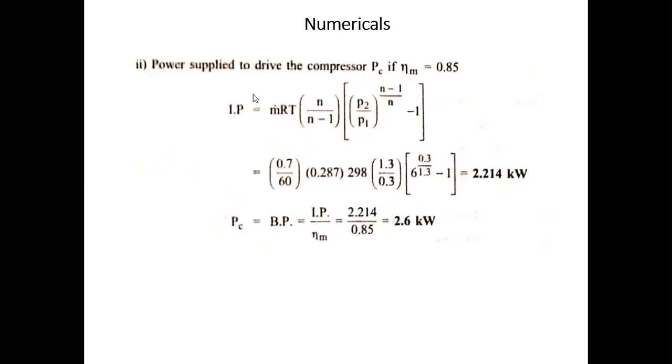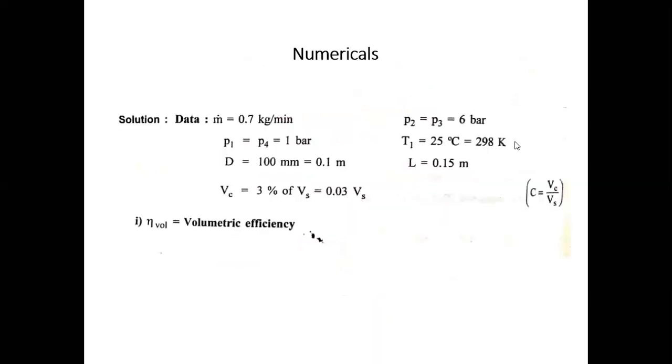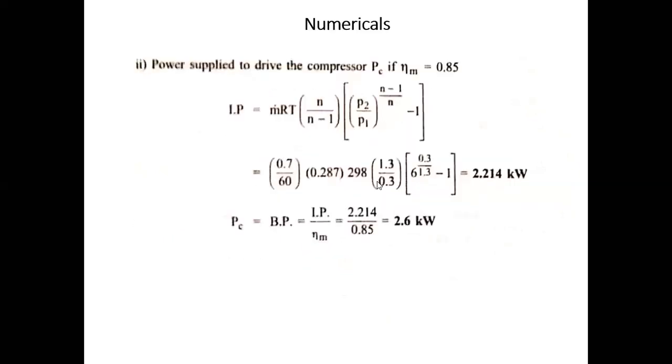Now this is the formula for the power. Now we have to find out the power. So this formula can be written with the value of n known to us, that is 1.3, and the mass flow rate is 0.7 kg per minute. So we have to convert this into kg per second. So this can be written as 0.7 divided by 60. The value of R for air is 0.287 kilojoule per kg Kelvin. The temperature T1 is given as 298 Kelvin.